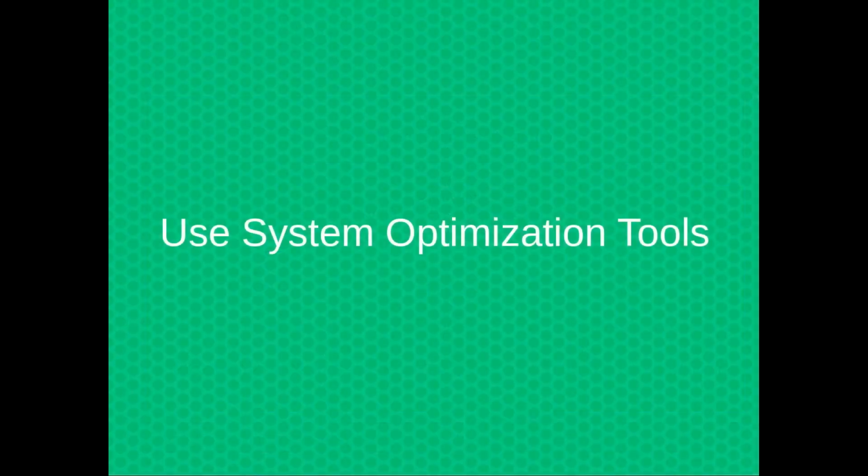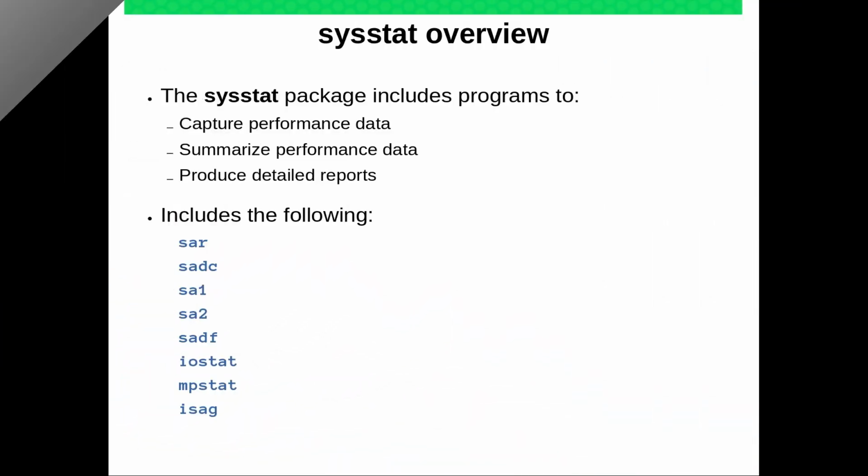So in order for this to work, though, we need to use specific tools in order to work with and push through these iterations as we improve the system. And one of the primary packages for doing that is the Sysstat package. Now, this is an interesting package because it contains benchmarking and performance data capturing tools for everything from the hard drive to memory and throughput and all sorts of things.